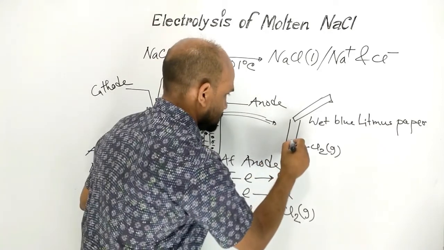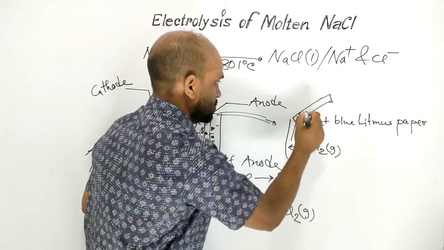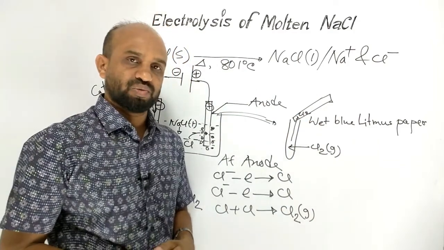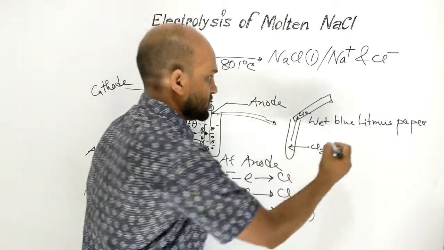When this chlorine gas reaches the wet blue litmus paper, then it turns red.